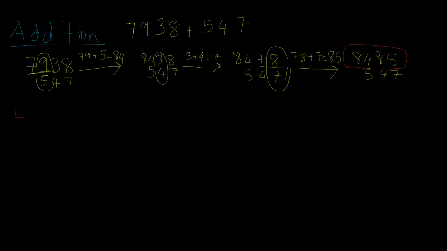As an exercise for yourself, try adding 7,2038 and 56,419 using this algorithm. Of course, without using any calculator or anything else, make sure that you apply the algorithm and obtain the correct answer that way.